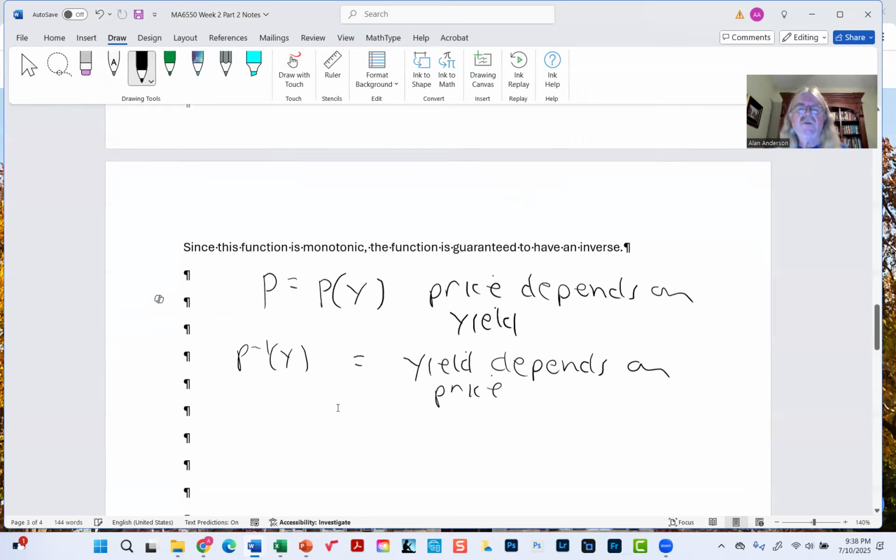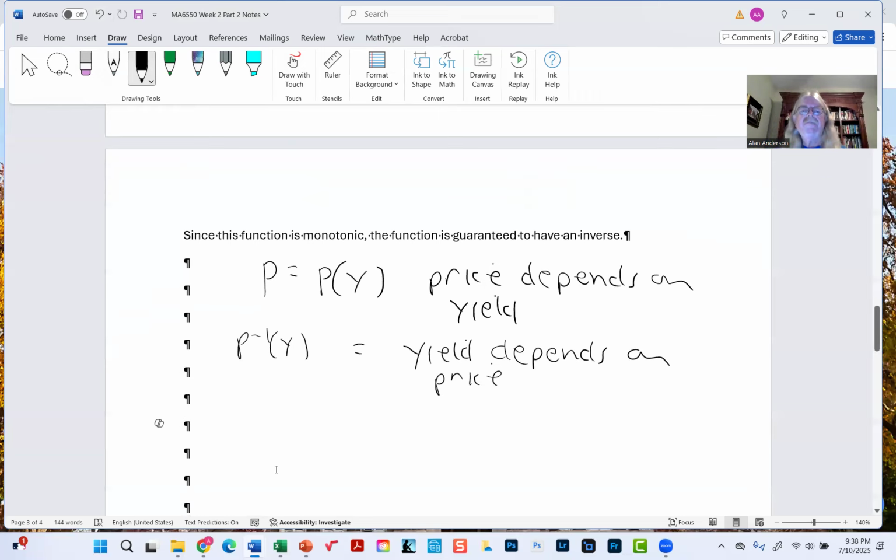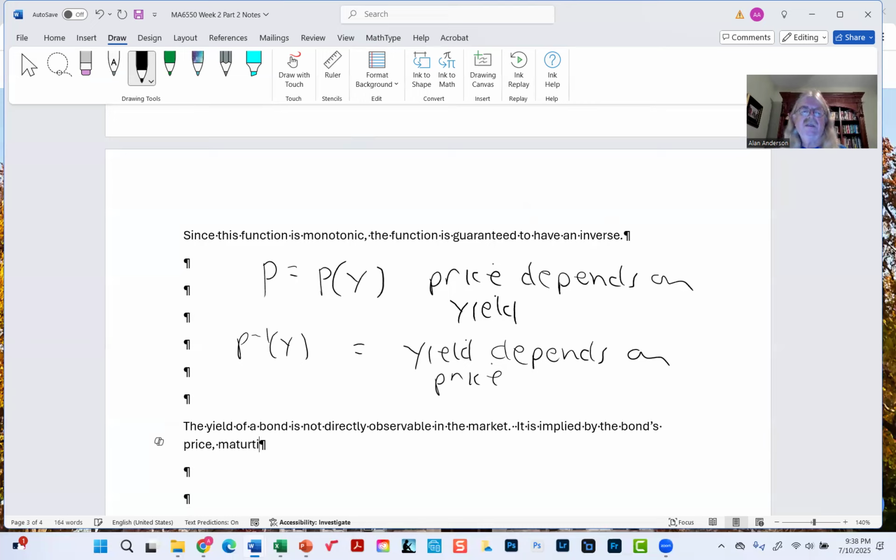Okay, so the yield of a bond is not directly observable in the market. It is implied by the bond's price, maturity, coupon payments, etc. In other words, all the features of a bond combine to tell us the yield of that bond, but it is implied by the other variables.